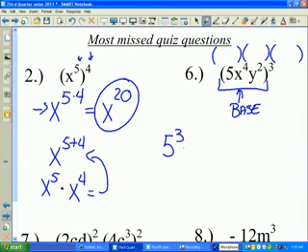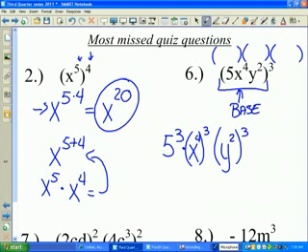That means we want to raise that 5 to the 3rd power. We want to raise, I'll do it this way, x to the 4th, raise that to the 3rd power. And then I want to raise my y squared to the 3rd power. So everything has to be raised to the 3rd power. For the most part, a lot of people did give me x to the 12th times y to the 6th.